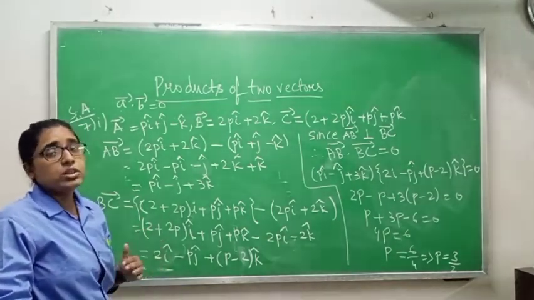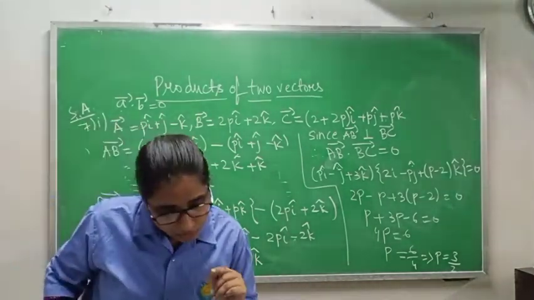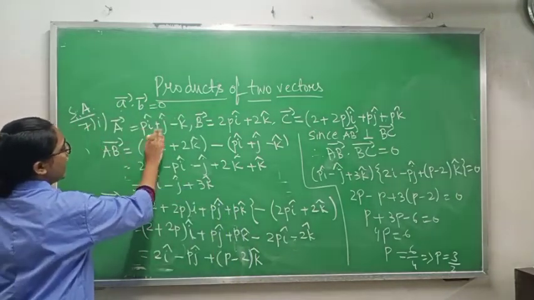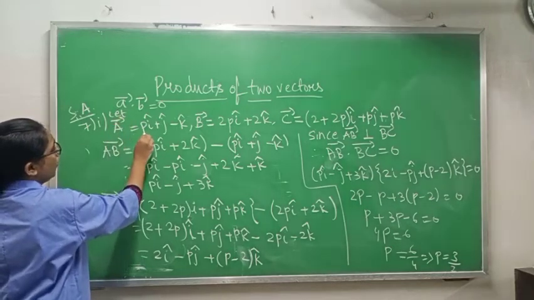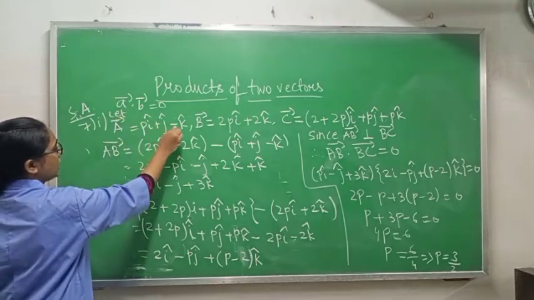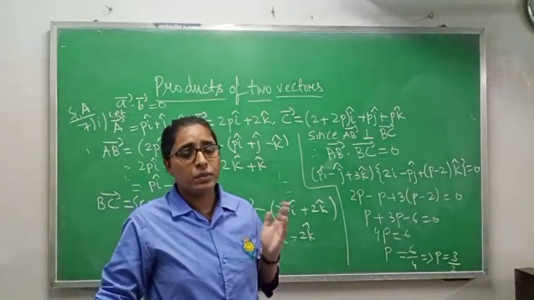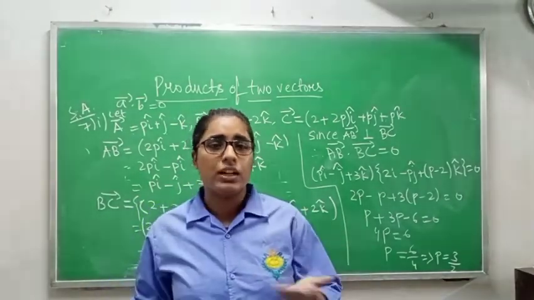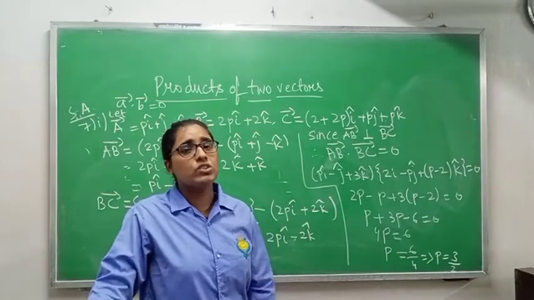In this question 3 points are given. A is p comma 1 comma minus 1. So what I am doing, I am changing it into the form of i, j, k. Let A vector equal to p i cap plus j cap minus k cap. Whenever in the question a point is given in the form p comma 1 comma minus 1, or 1 comma 2 comma 5, or 6 comma 8 comma 9, you have to first convert it into the form of i, j, k cap.